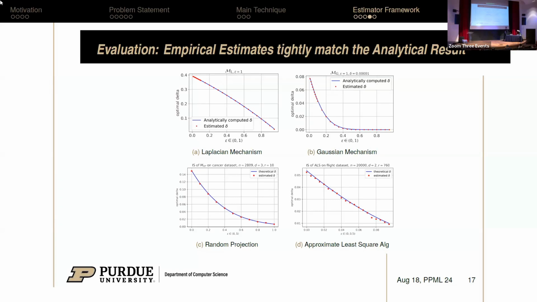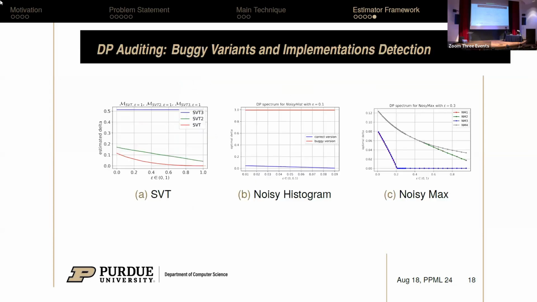It shows that it's quite good. And approximate least squares is a well-known machine learning algorithm, and we show for the first time that it enjoys strong privacy for free. We also show that the DP estimator can be used for the DP auditing task. Of course, DP auditing just requires a lower bound, so we can do better.